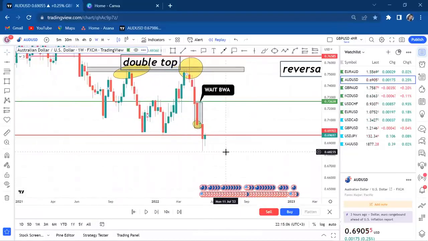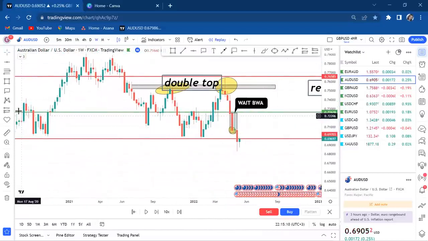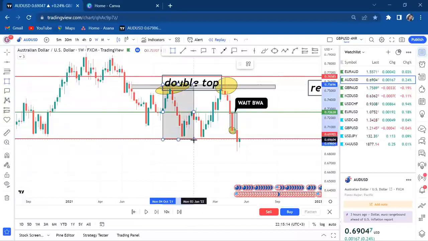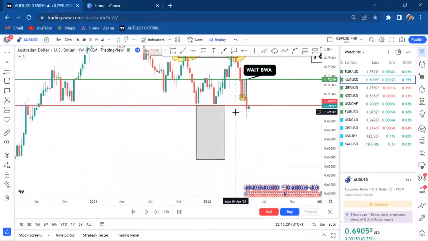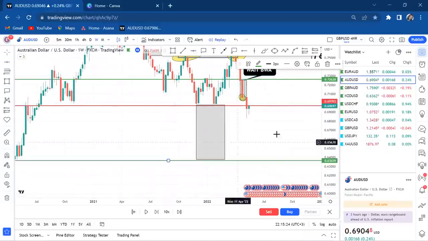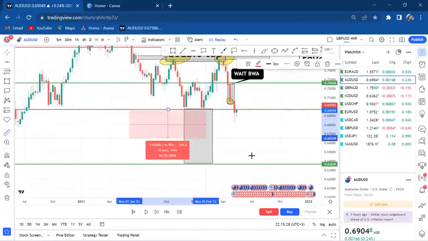Once the neckline is broken, guys, how do you target your take profit? You measure that distance from the first top to the third top, to the neckline, and then you will have 2 TPs, one at the half, the other one at completion.